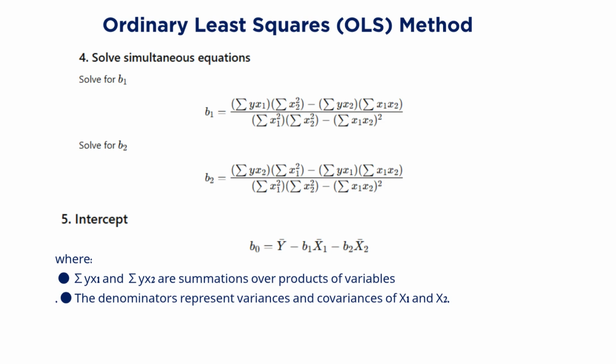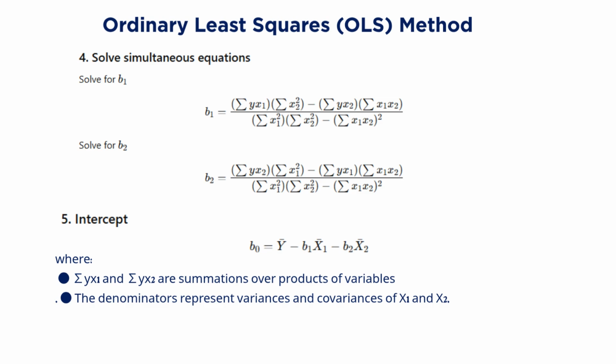Now, solving the equations, we can write beta 1 is equal to summation of y into x1 times summation of x2 square, minus summation of y into x2 times summation of x1 into x2, divided by summation of x1 square times summation of x2 square minus summation of x1 x2 whole square.